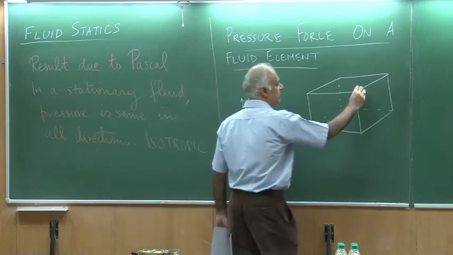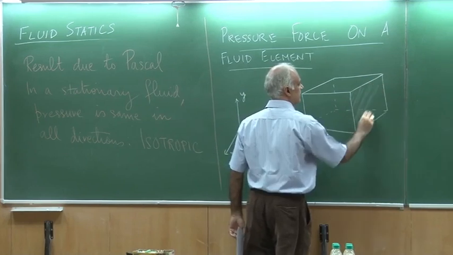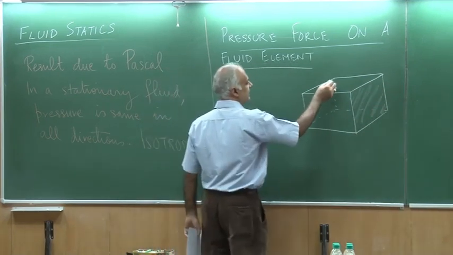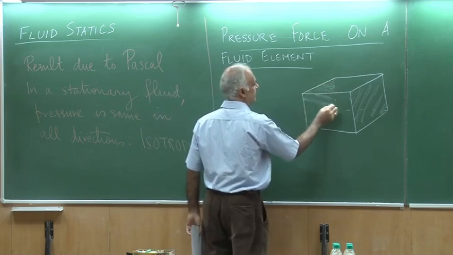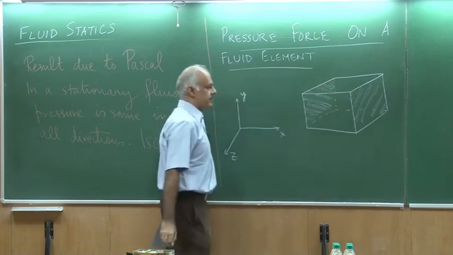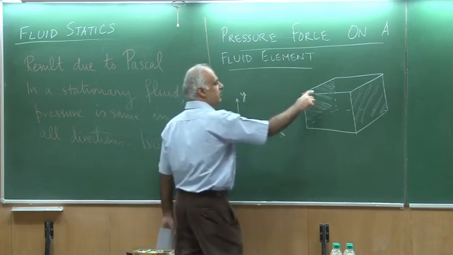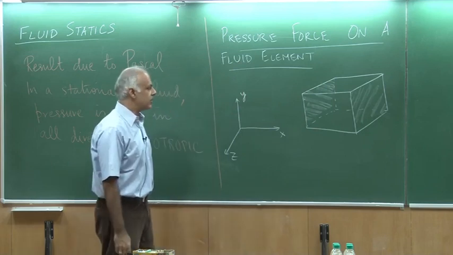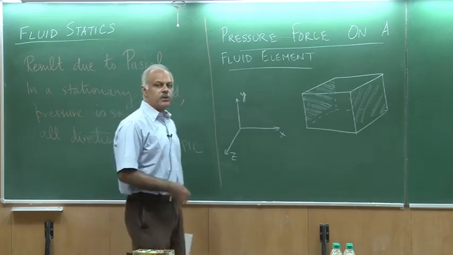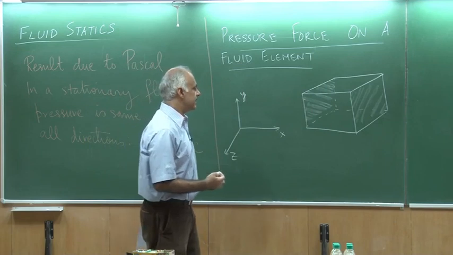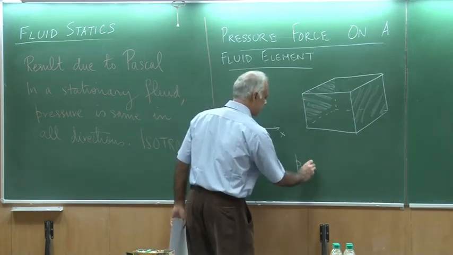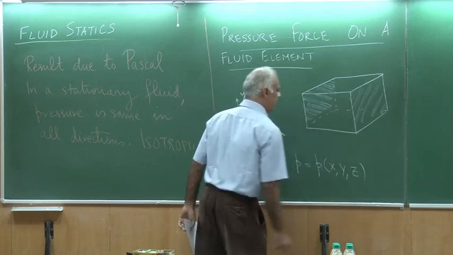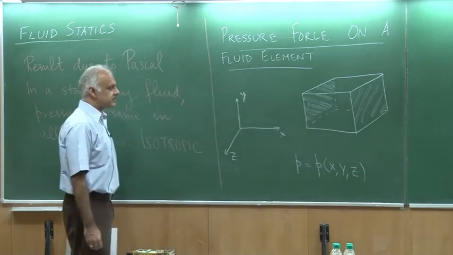So this is the positive x face, and at the back of it I see a negative x face. Similarly, I have a positive y face over here and a corresponding negative y face, and so on. So I am going to allow pressure to vary with x, y and z. So I am going to say that pressure is actually a function of x, y and z. It could vary.